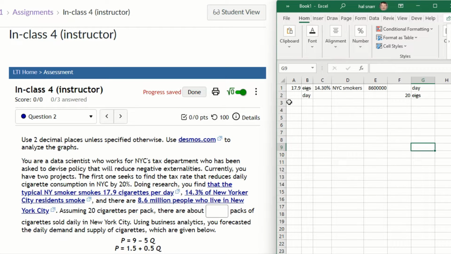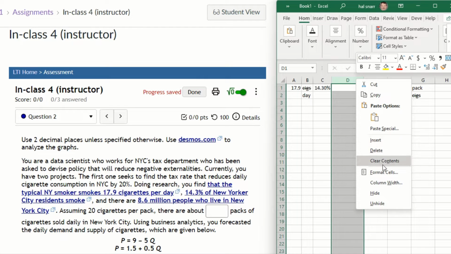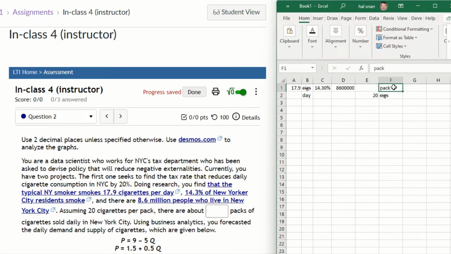And so now we have a simple algebra problem. The things that are in the numerator, these numbers are multiplied by each other, and then we're going to divide by the 20. Oh, this is pack. Sorry, pack. So we're going to change this to packs, so we're going to end up with packs per day.